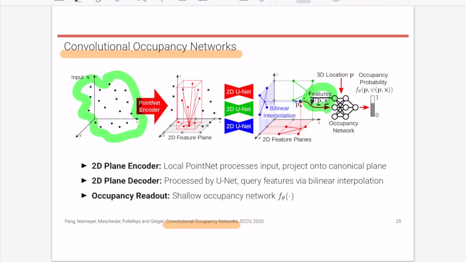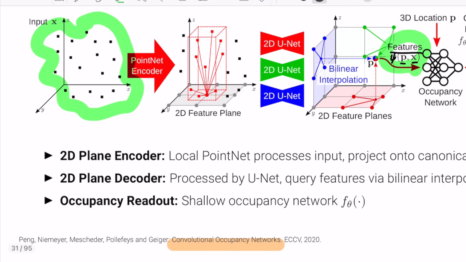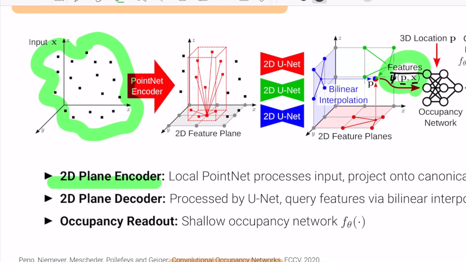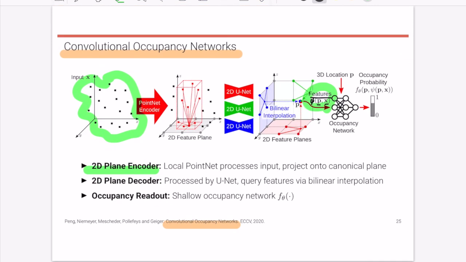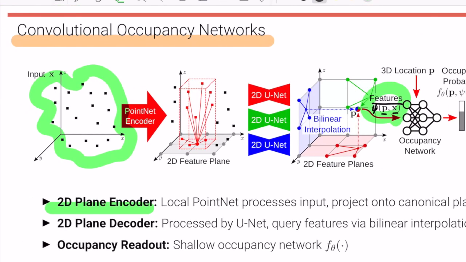So rather than just projecting such point cloud information to the 1D vector, in convolutional occupancy network, in the 2D plane encoder part, first of all, there is a very powerful PointNet neural network that processes point-level irregular data.